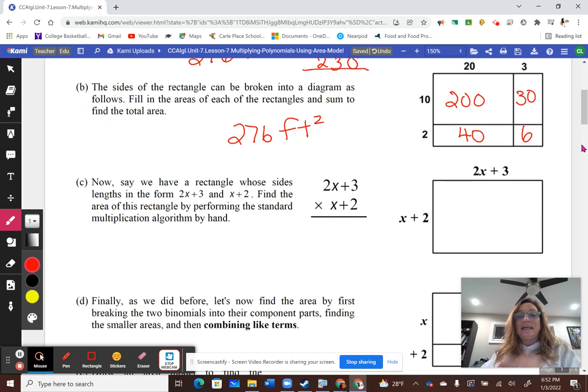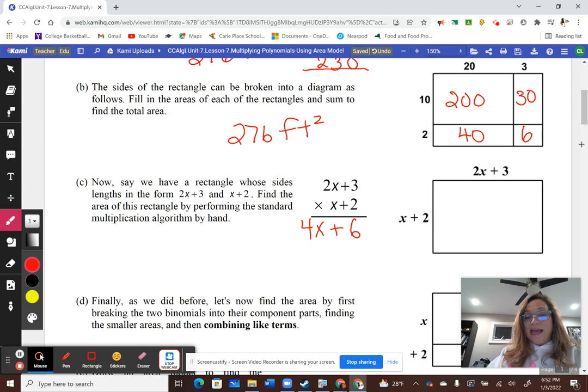So now, instead of saying that I have this rectangle that's an actual number, I'm saying that I have this rectangle with a side length that is a binomial or a polynomial. And I'm going to use the same old-fashioned algorithm, column multiplication. So I'm going to do 2 times 3, constant times constant, and then 2 times 2x, which is 4x.